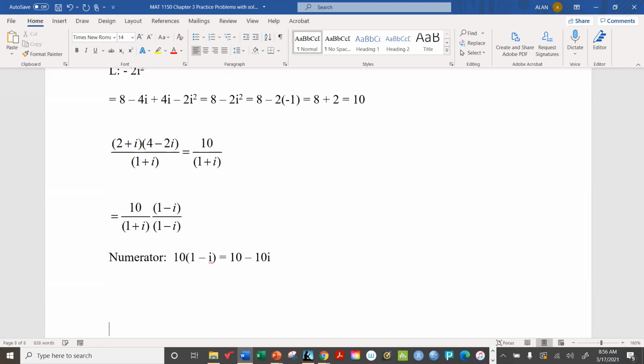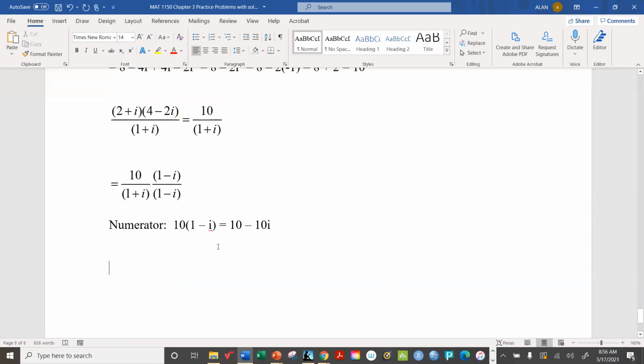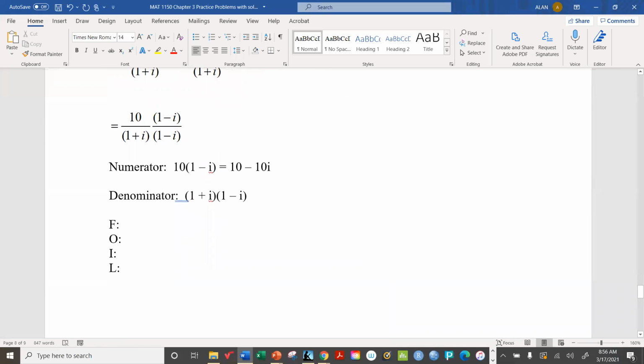The denominator is a case for FOIL, of course. And so, let's see, F, O, I, L. And now F is just 1. O is negative i.